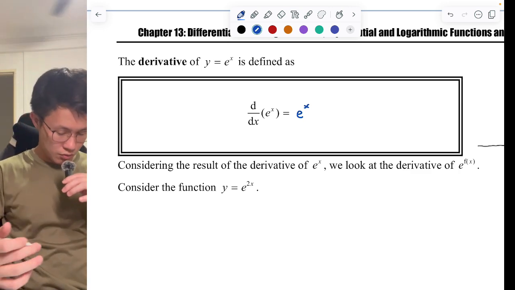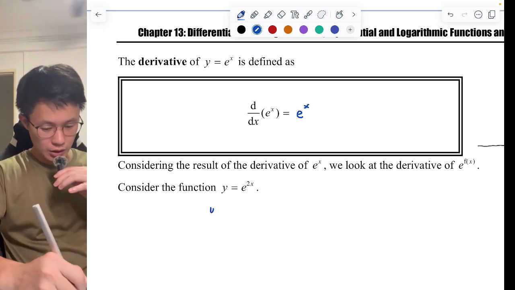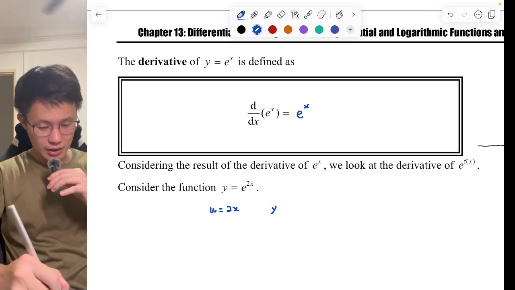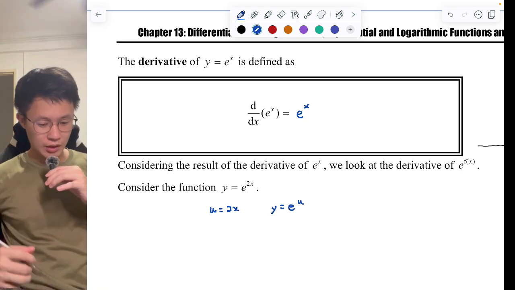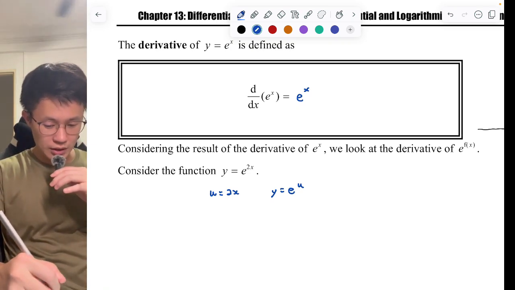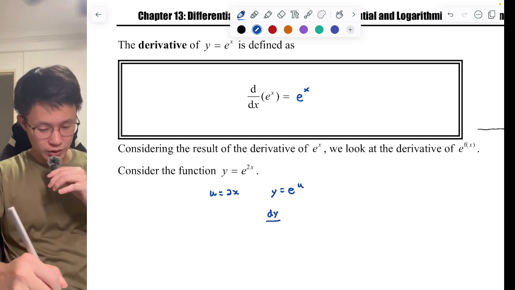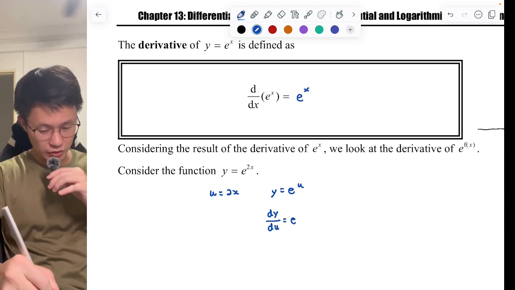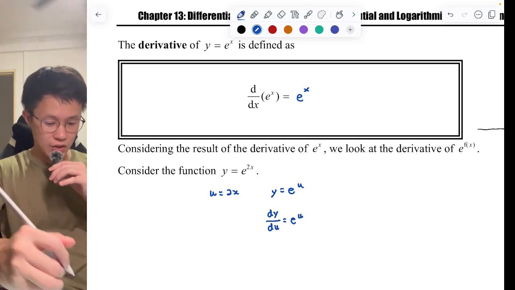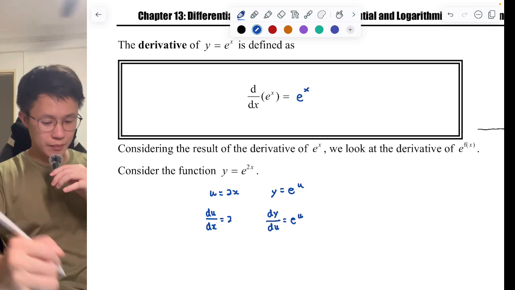I'm going to introduce some substitution. I'm going to let u equal 2x, and hence we have y equals e to the power of u. We want to consider dy over dx, but because we make a substitution, dy over du is simply e to the power of u, based on the same thing above, and du over dx gives me 2.